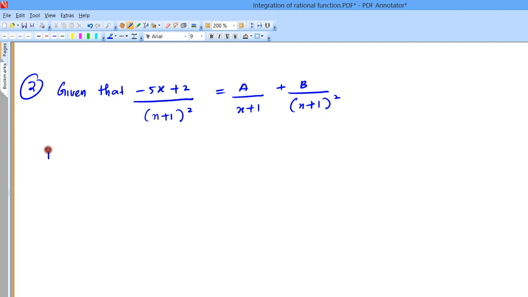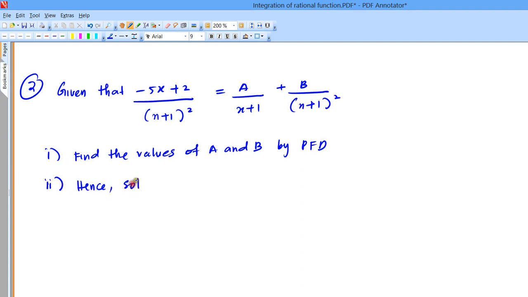Okay, for 1 Roman, find the values of a and b by partial fraction, so PFD. And 2 Roman, solve the integration of negative 5x plus 2 over x plus 1 square dx.